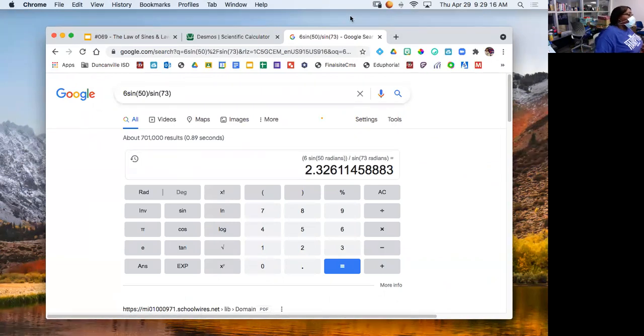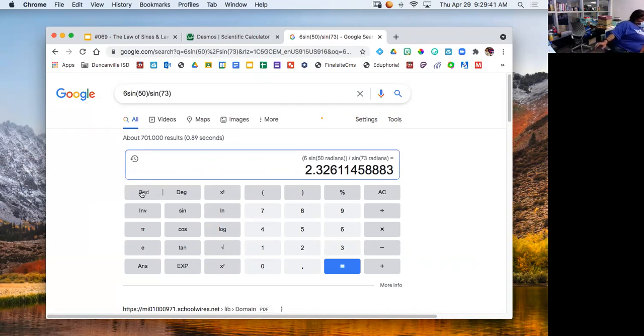But if you notice, it doesn't tell you whether or not you're okay. See right here? See how that says radians? That means you're in radians. So you have to click this RAD to put you in degrees.